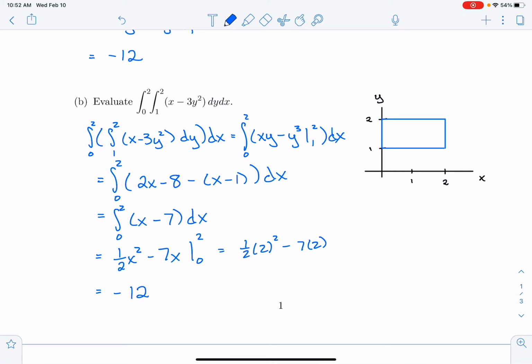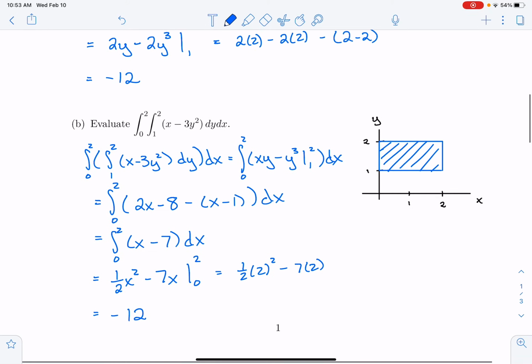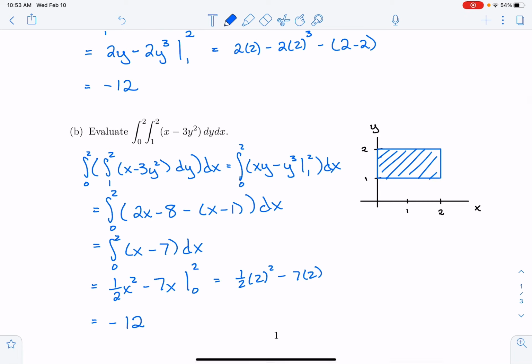And so you'll see when I integrate over that same region, but now I have the integral dy dx, I also get negative 12. So thinking about that double sum as the inner sum being delta x and the outer sum being delta y, that's no different than thinking about the inner sum as being delta y and the outer sum as being delta x.